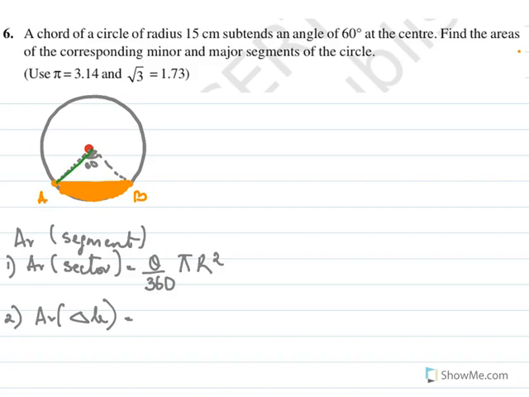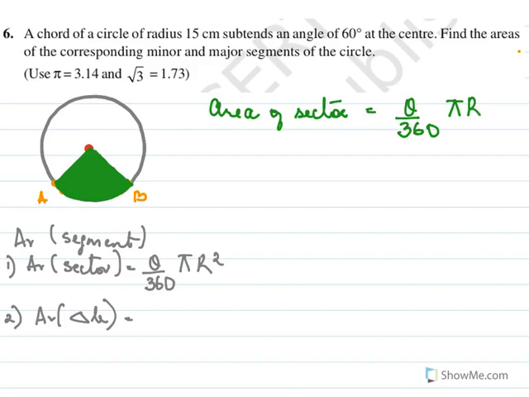This is the sector, and we need to find the area of this entire sector. Area of the sector, we know, is theta over 360 pi r square. Here the theta is given as 60 degrees. The r is given as 15.